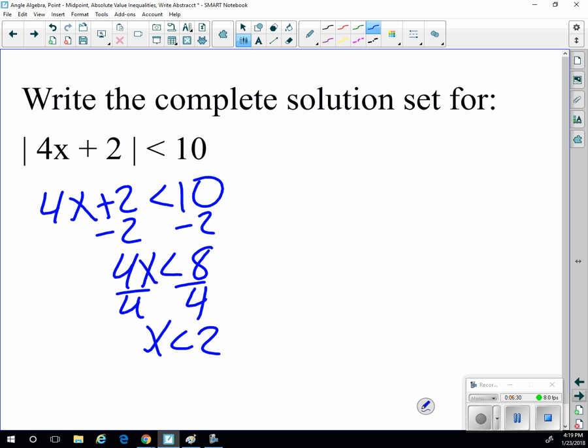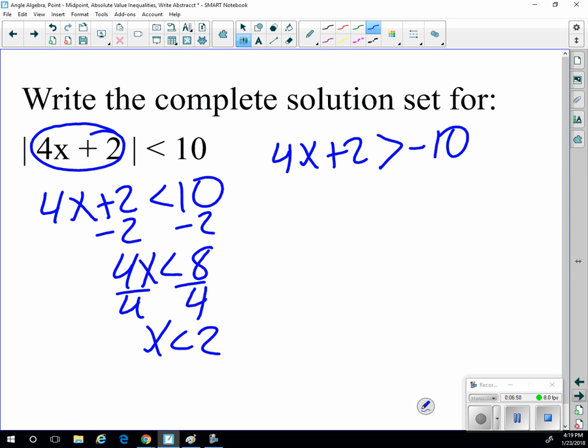But it also could be that the distance here could be a negative number, and we take the absolute value of it, and its distance away from 0 is less than 10. So let's say 4x plus 2 is going to be greater than negative 10.